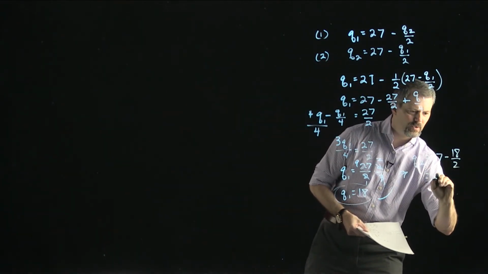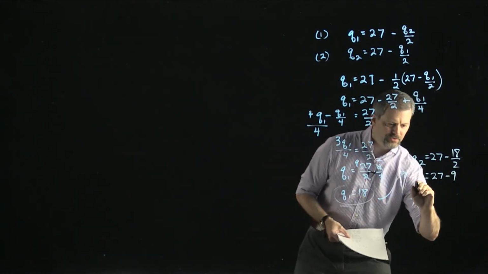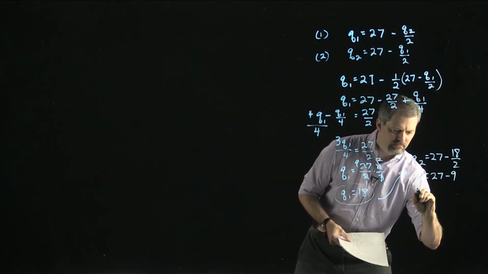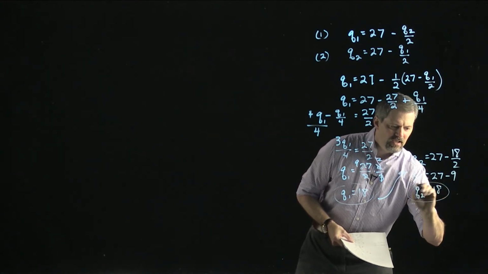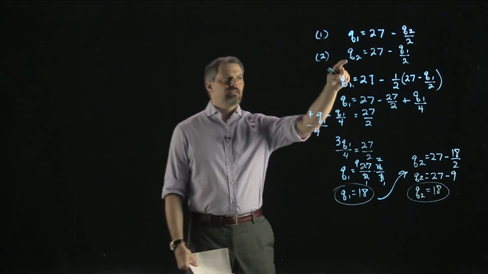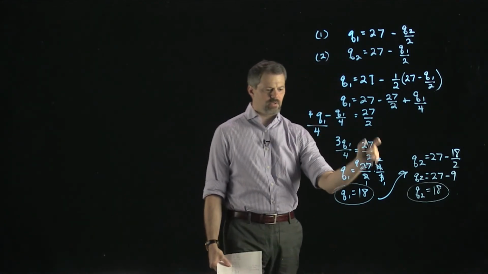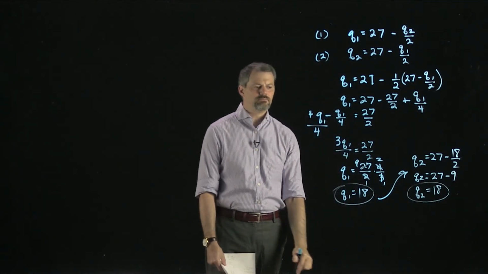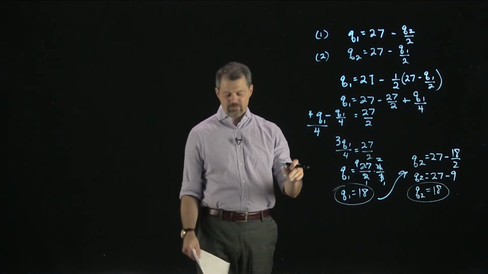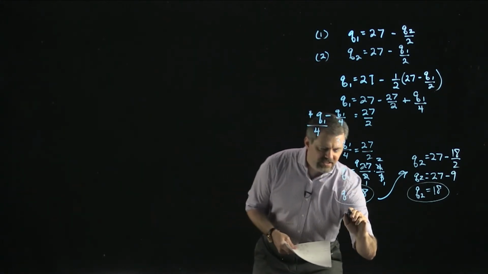So that's equal to 27 minus 9. That's equal to 18. Firm 2 should produce 18. Notice that these best response functions are symmetrical, so it shouldn't surprise us that we get the same quantity of output for each of the firms. So the total quantity is 36.